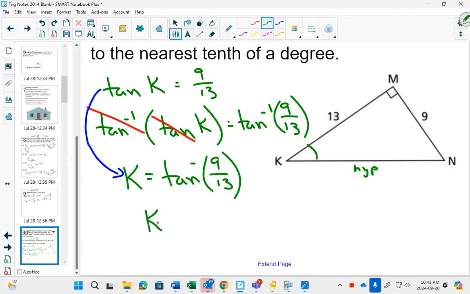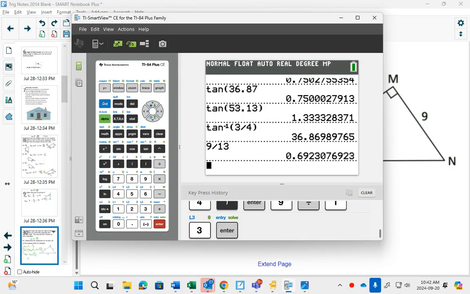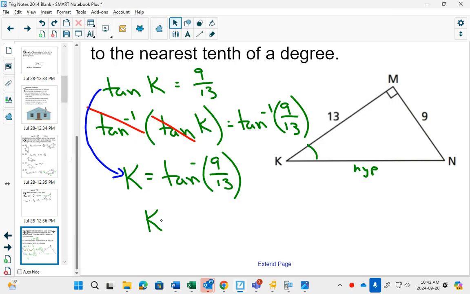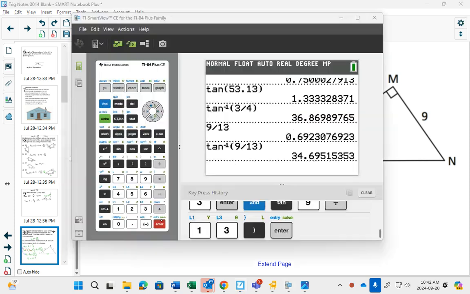and then we go to our calculator, and the tan inverse button is right above the tan button, and now we can go 9 divided by 13, 34.695, to the nearest tenth of a degree, 34.7. And that was way quicker than if we had been guessing.